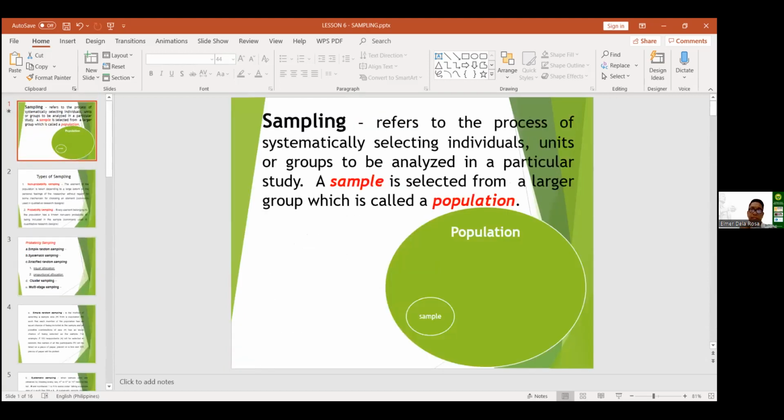So, generalize lang natin. We take a sample out of the population and we base the conclusions of the population based on the results that we get out of the sample.